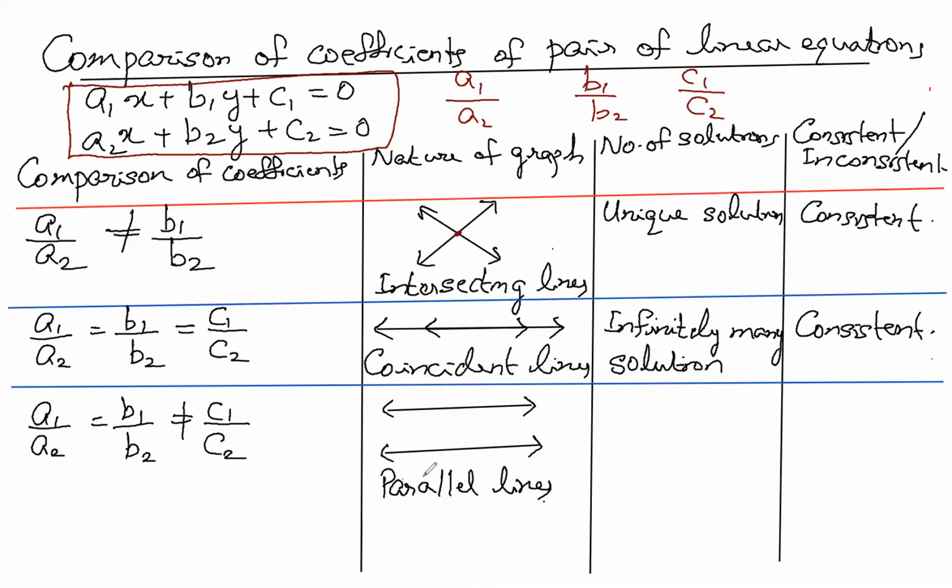Faisal Khan, how many solutions will it have? Zero, no solution, because they won't meet each other. The number of points where it meets is the number of solutions. So no solution. We can write the conclusion: no solution.